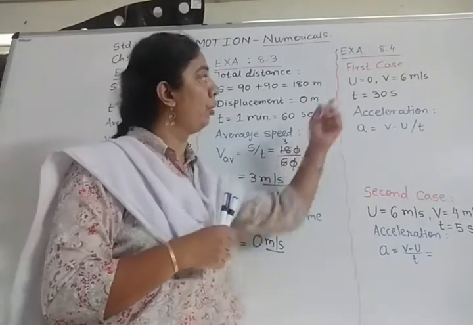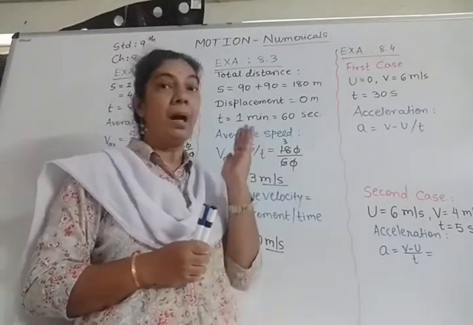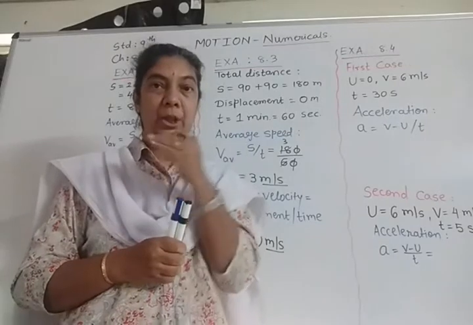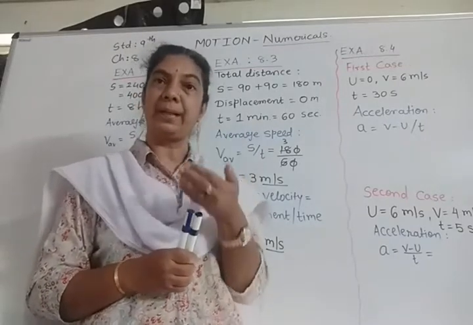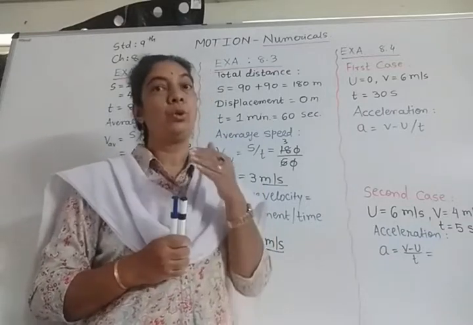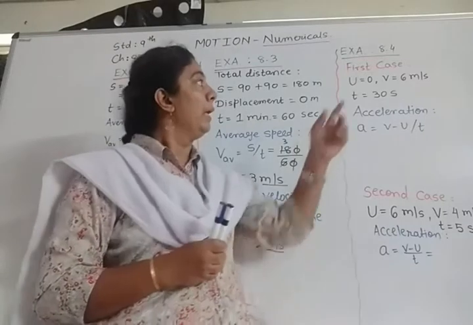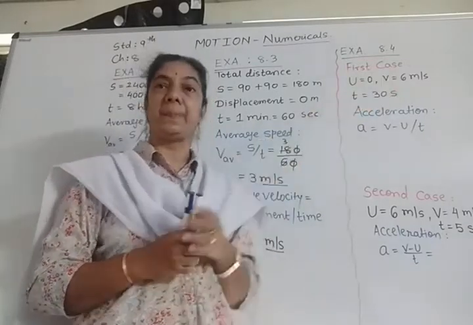In the time of 30 seconds, he attains, to attain means to get gradually, slowly, stepwise, the velocity of 6 meter per second.